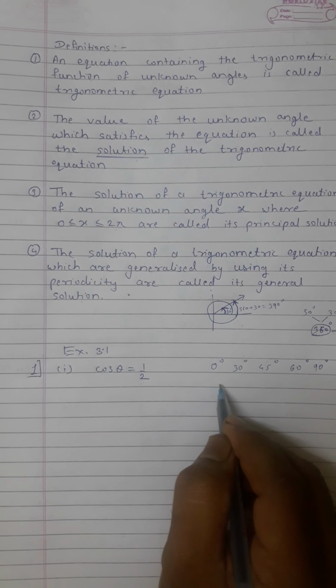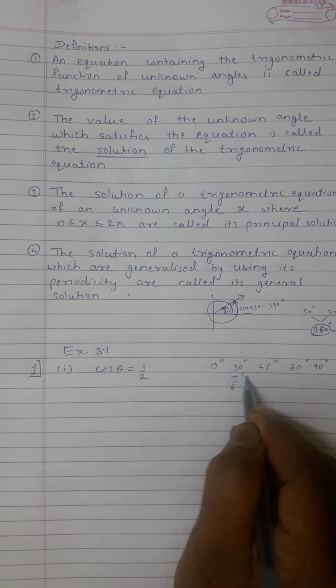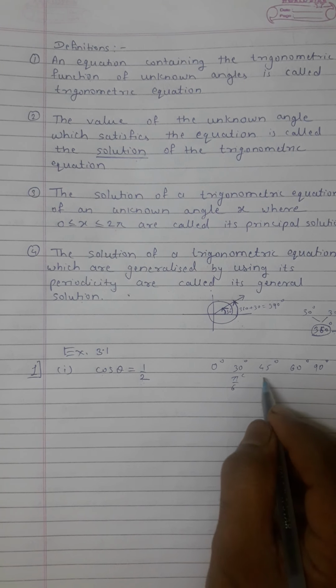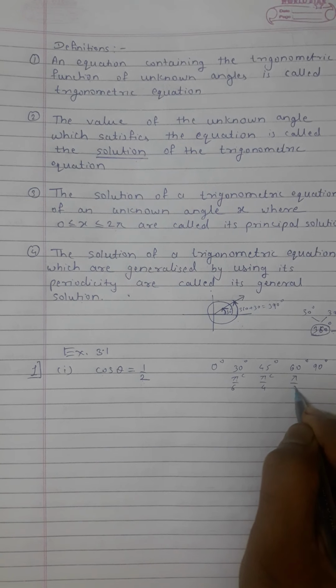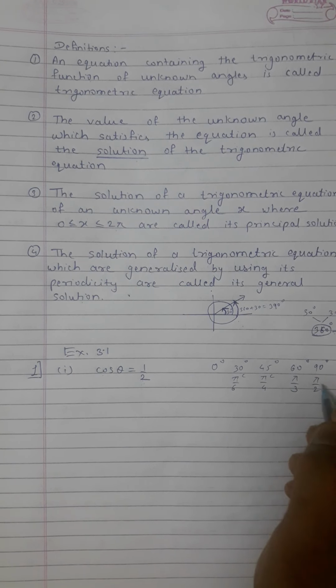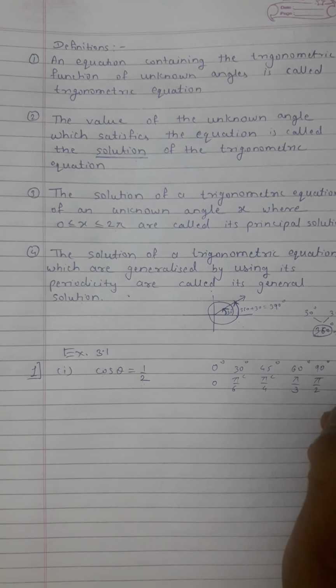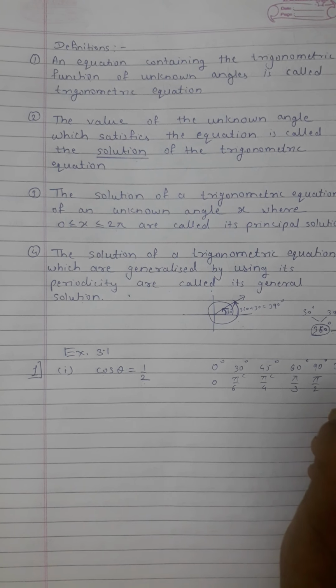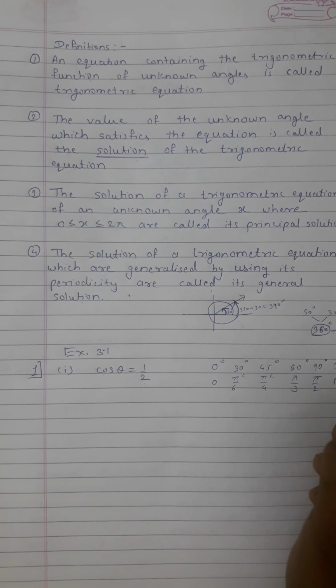In terms of radians, we write these as 0, pi by 6, pi by 4, pi by 3 and pi by 2. These are degrees and these are radians.